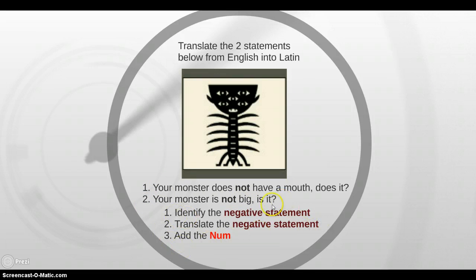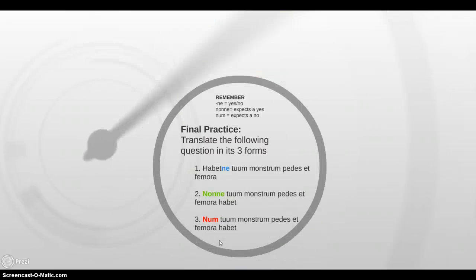Use this to help you, and remember when you add the num, you don't need a non. I didn't mean to say gnome. That's like a little guy who lives with Snow White. I meant a non. Okay, so do this on your own, and then we've got 3 questions to wrap it up. You are almost finished, so pause this if you need to, but we are moving on.